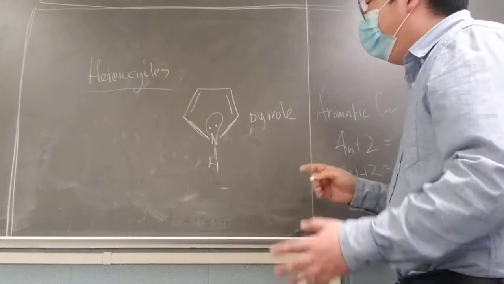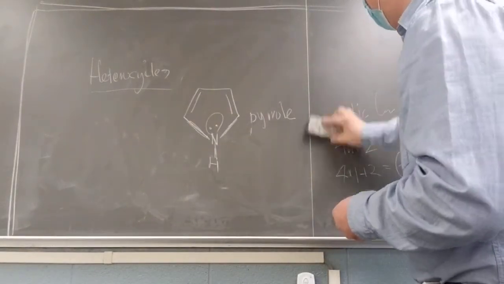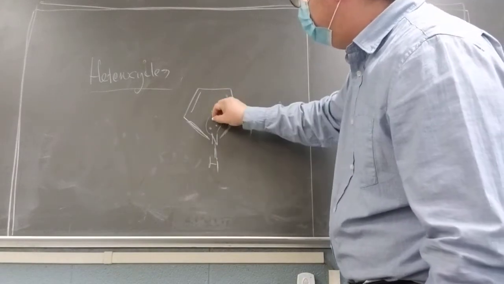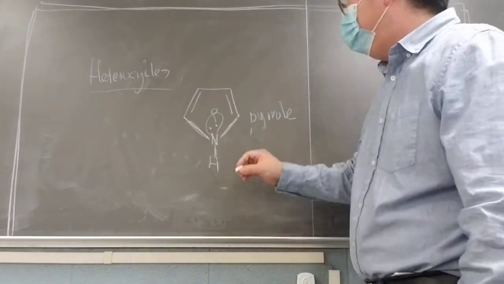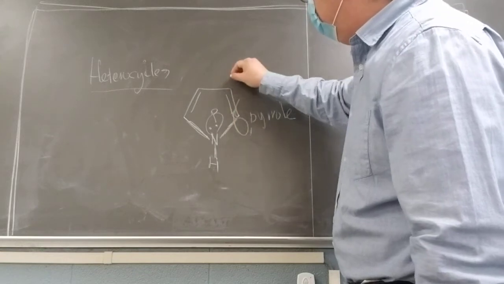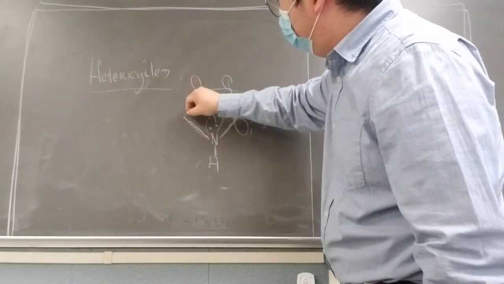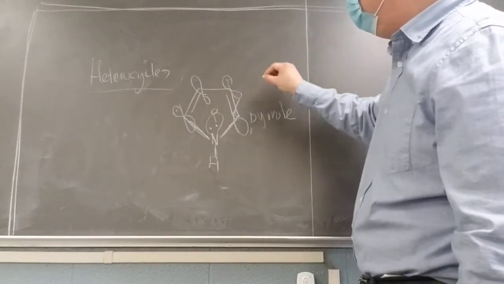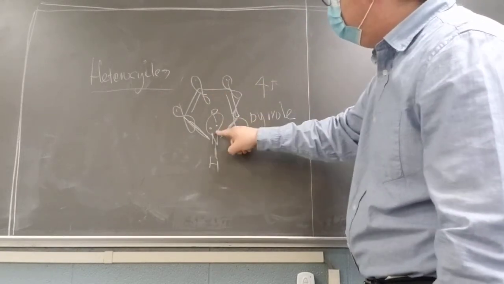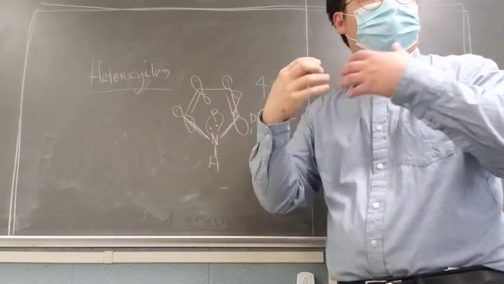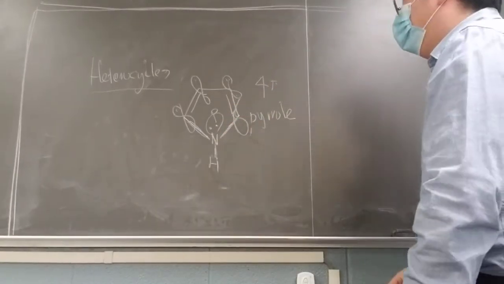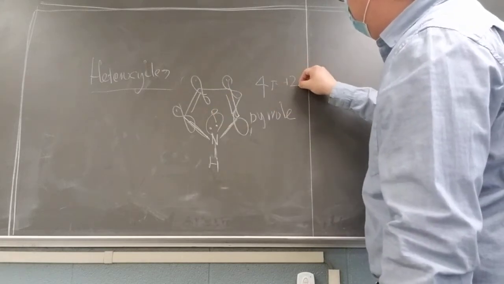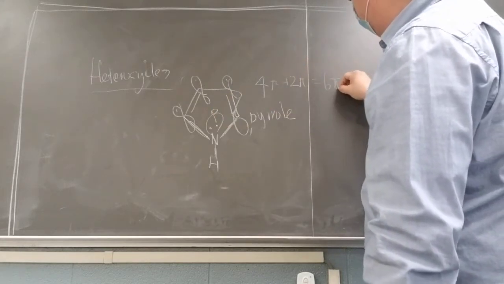In this case, we're actually going to count the lone pair, which will be placed in the p orbital. So even though you only see the electrons in the pi bonds, the 2 double bonds, which is 4, the lone pair can also be conjugated with all the pi electrons in the p orbitals. So that will make 6 still.